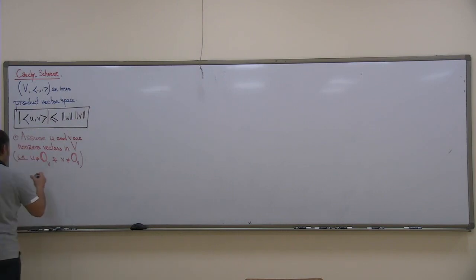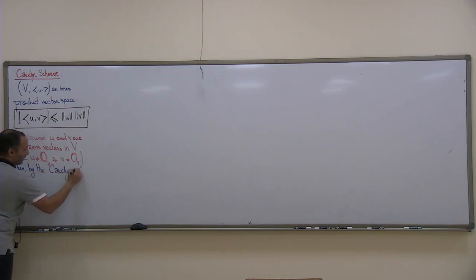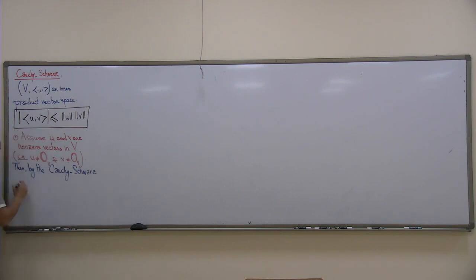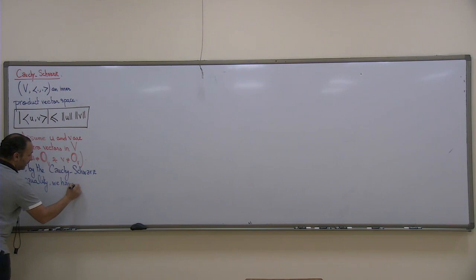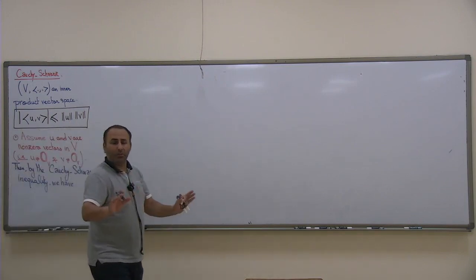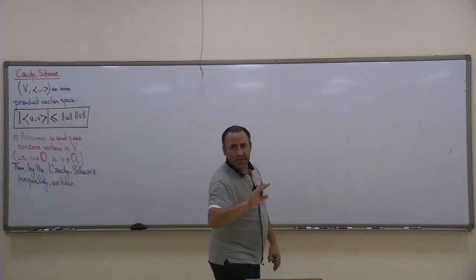Okay, then by the Cauchy-Schwarz inequality, we have, so now look at this inequality. Since U and V are not the zero vector, the norm of U is not 0 and the norm of V is not equal to 0.